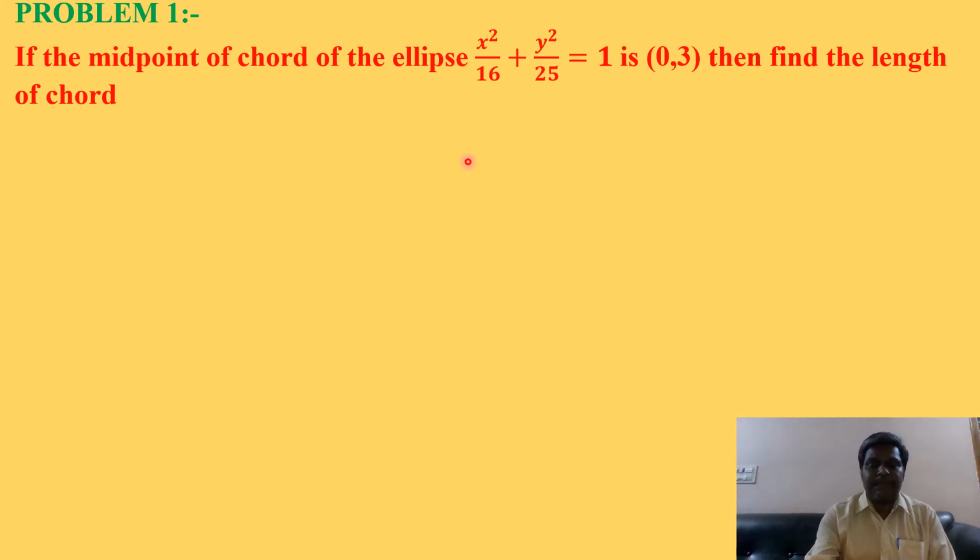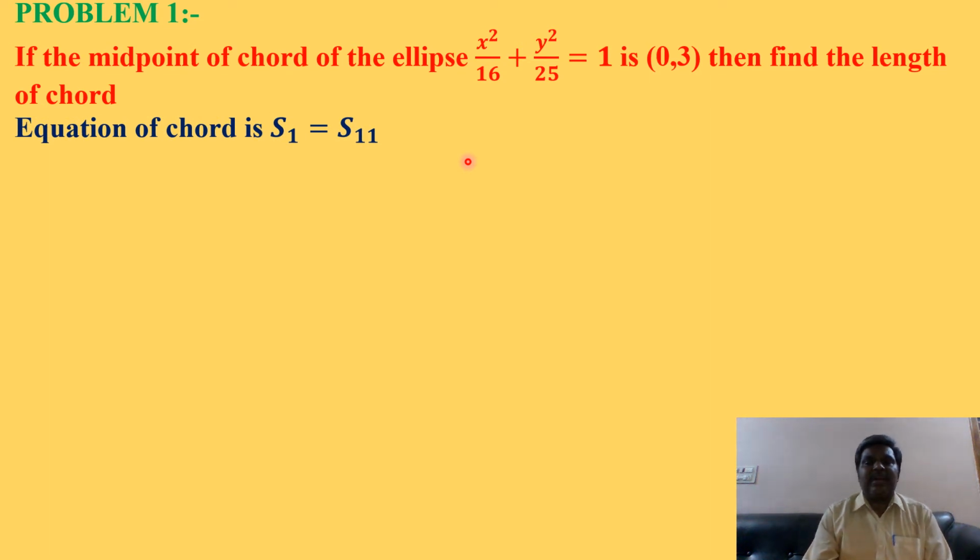Okay. So the equation of chord with midpoint x1 comma y1, here x1 comma y1 is 0 comma 3. S1 is equal to S11. That is nothing but 0 into x by 16 plus 3 into y by 25 minus 1 is equal to 0 into 0 plus 9 by 25 minus 1.